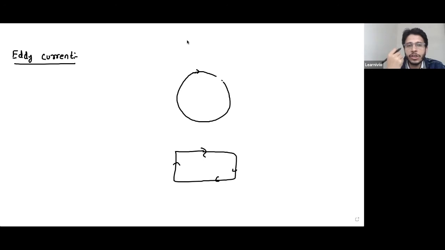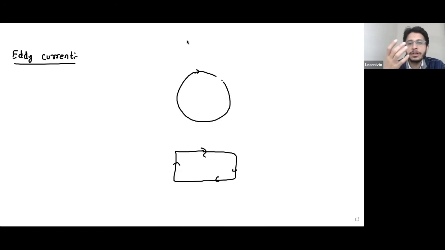Means you need not have a pure coil. If I take this mobile phone and say it is made of some metal, copper, then eddy current can exist in this mobile phone also. It's not a proper circuit, it's not a closed coil. If this mobile phone is metallic, then you can have eddy current in it. So that's the basic difference.